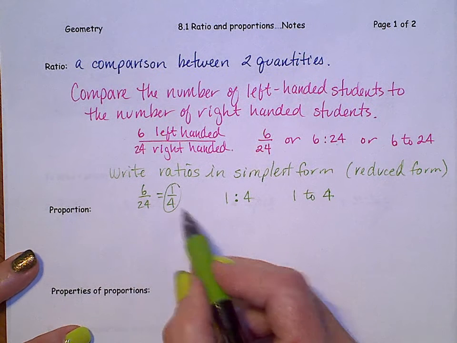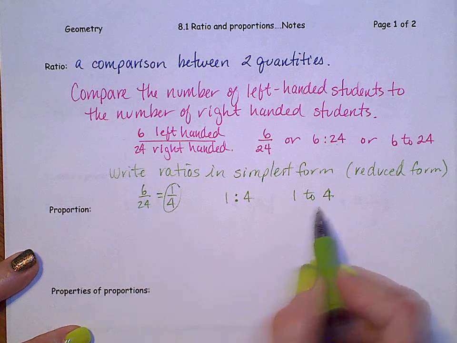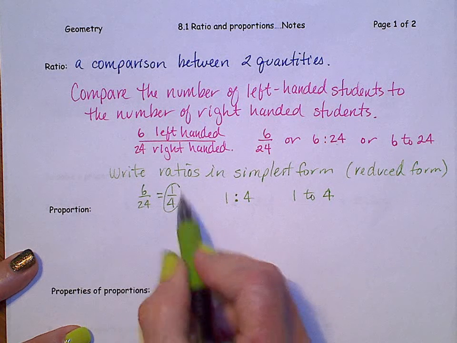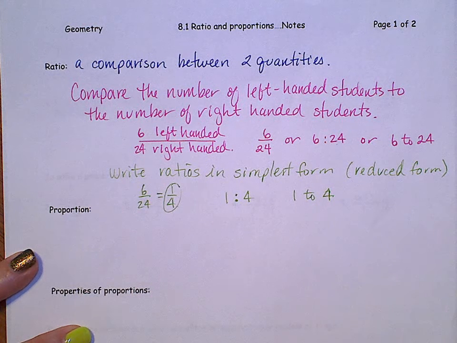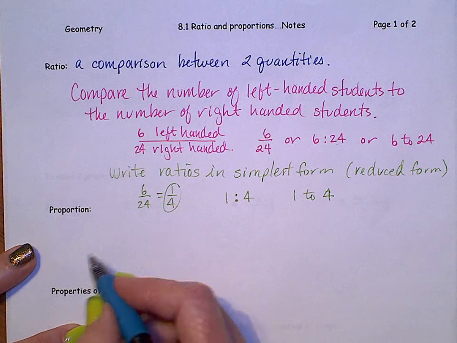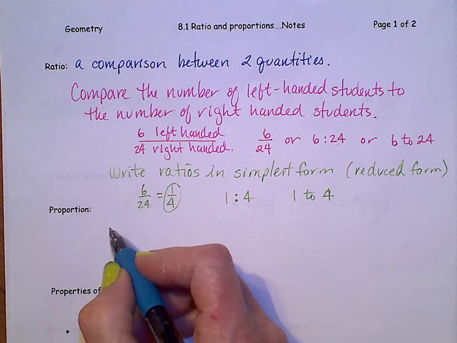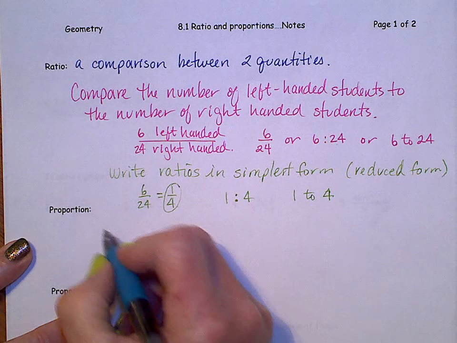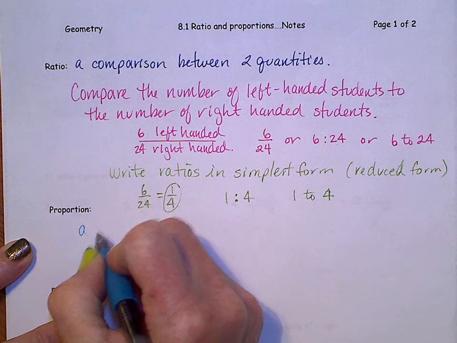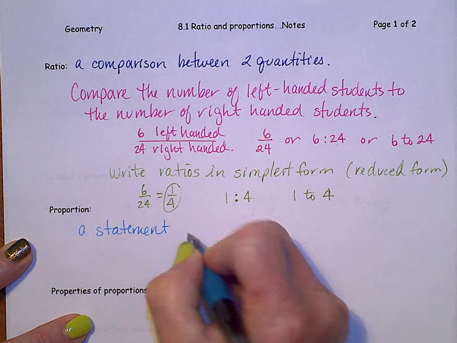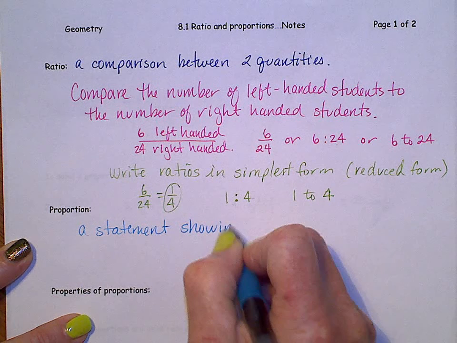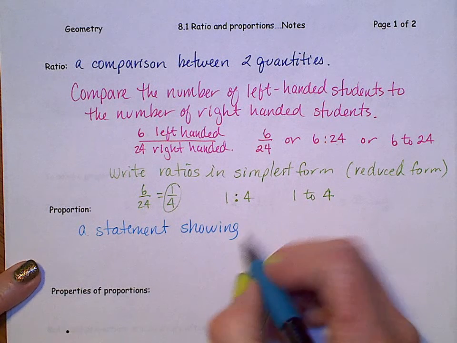When we show this simplest form, and when I wrote this equation over here, I actually wrote a proportion. A proportion is a statement showing that 2 ratios are equal.